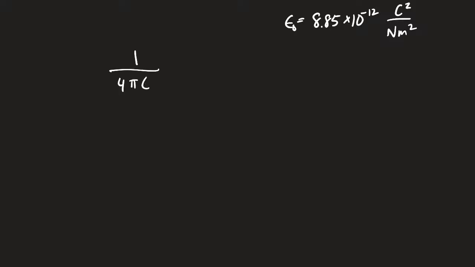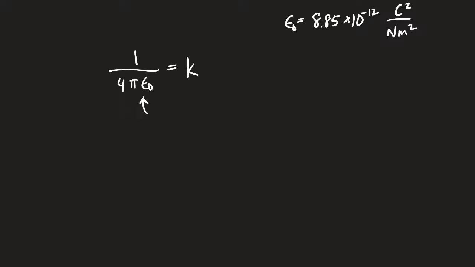Just so you guys know, epsilon naught, the permittivity constant, is 8.85 times 10 to the negative 12, and the unit is Coulomb squared per Newton meter squared. So I'd like you to take a few minutes and figure out what that is. Meaning Coulomb's constant all along has actually been based on this constant.